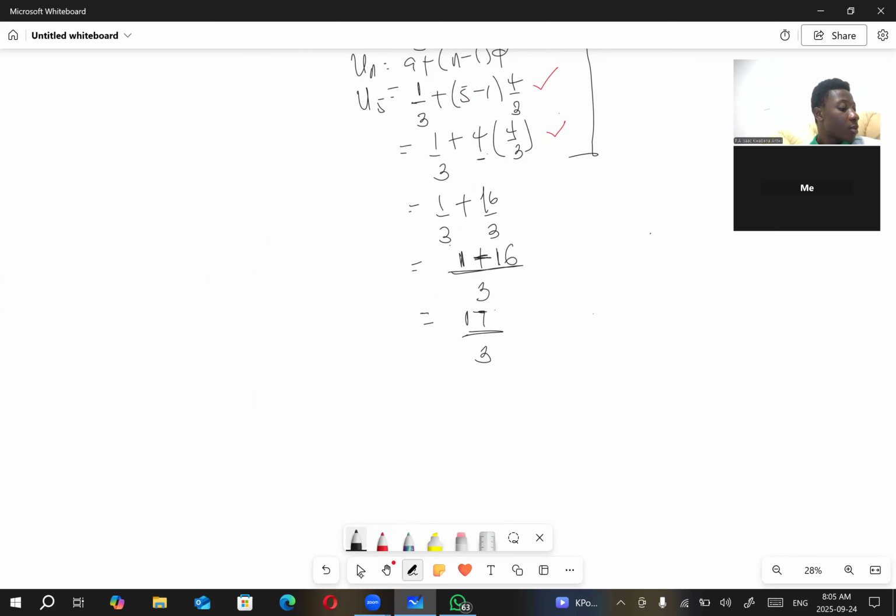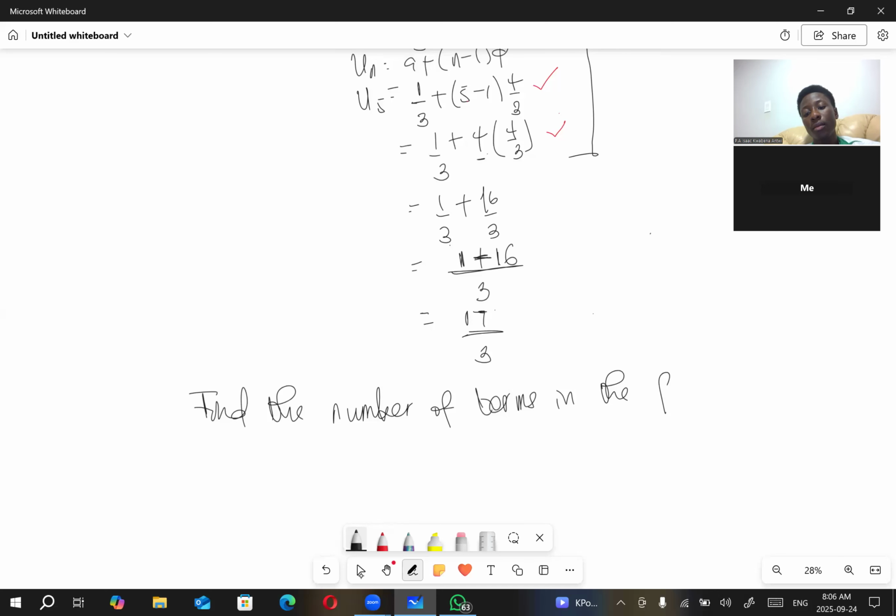Find the number of terms in the following linear sequence.